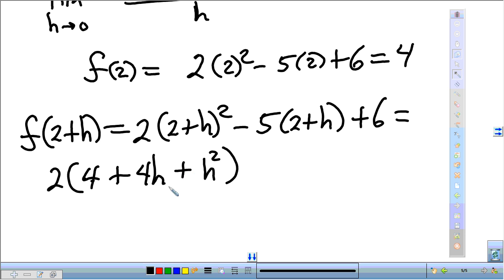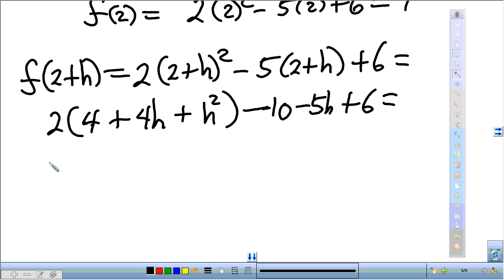So another 4h. A power of 2 will give us several terms in the answer, not just 2. And now we can distribute minus 5 times 2, minus 5 times h, and we still have the plus 6.